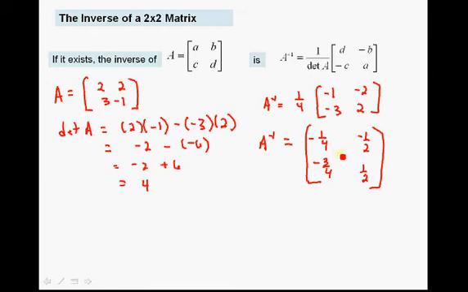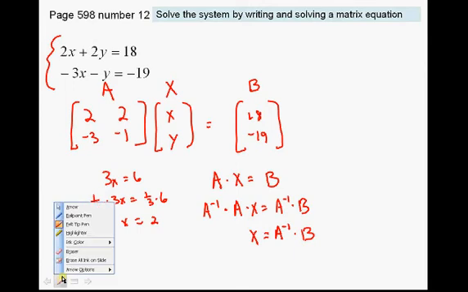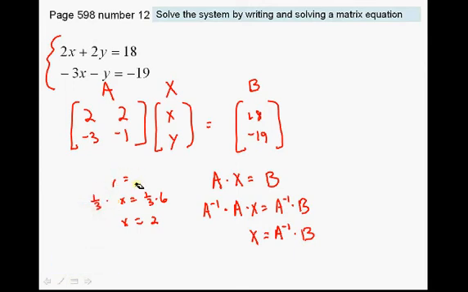Let's go back. So we've identified that. Let's go back here. And so we have to say X is equal to the inverse of A times B. And let's see, I can erase some stuff here to free up some space. Okay.